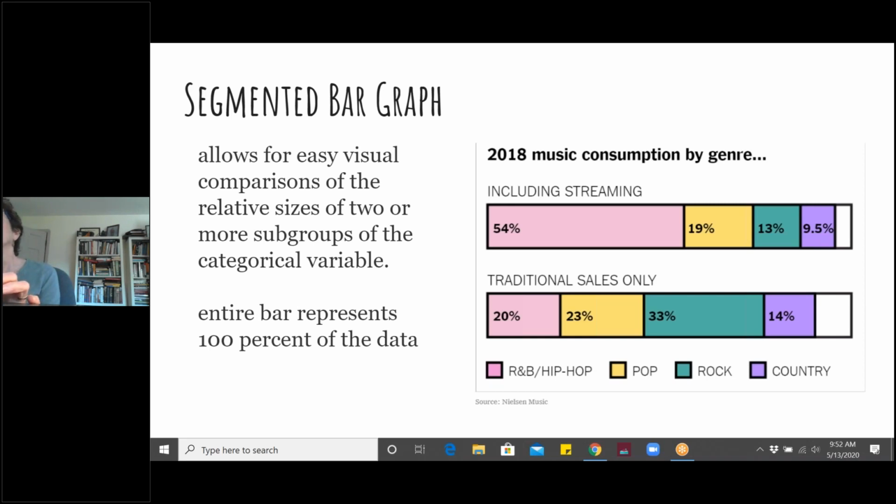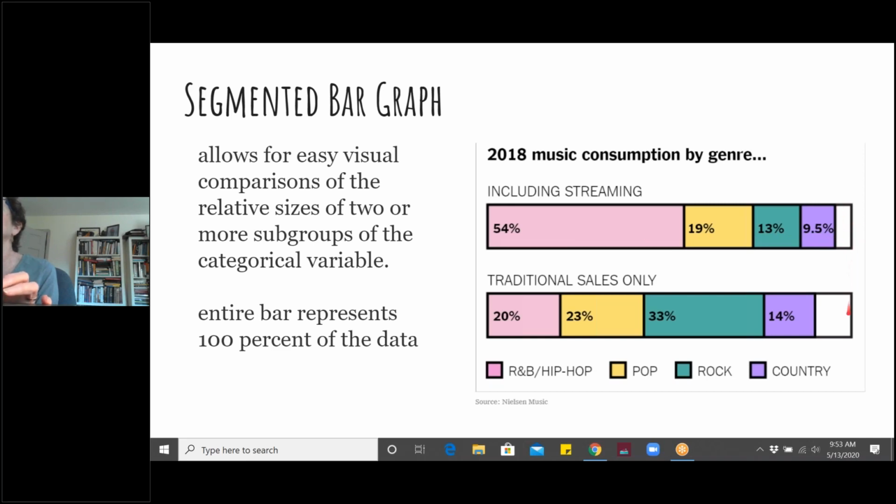Isn't that interesting? And what do you think this little white place is over here? It could be room for a genre of music that's not told yet. Exactly. That's the other category, everything else that's not R&B and hip hop, pop, rock, or country. Notice that this should add up to 100%.